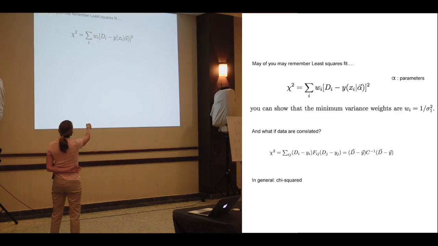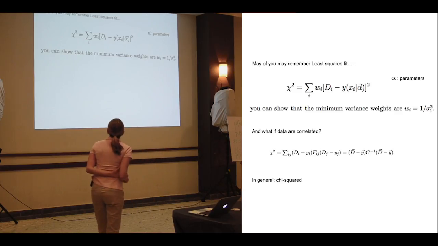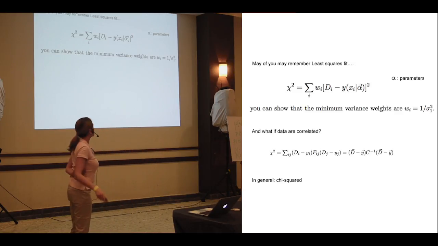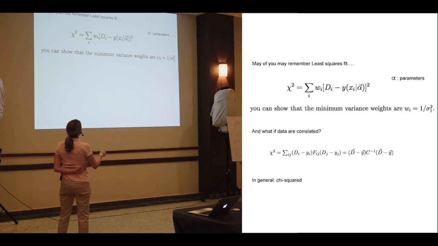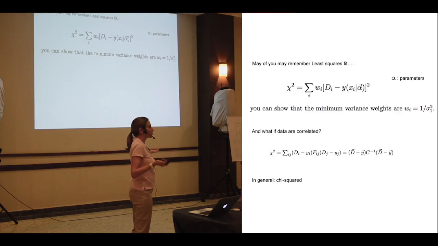If these are some weight, these are the value of the measurement, this is your model, and these are the parameters, and in the case of a line, if y is equal ax plus b, this alpha is a vector of two numbers a and b. So you can show, and Alan will go through this, that the minimum variance weights are 1 divided by sigma i squared, the inverse variance weight.